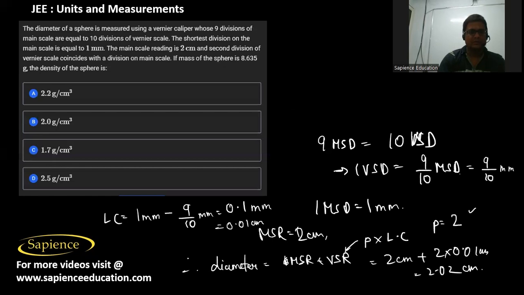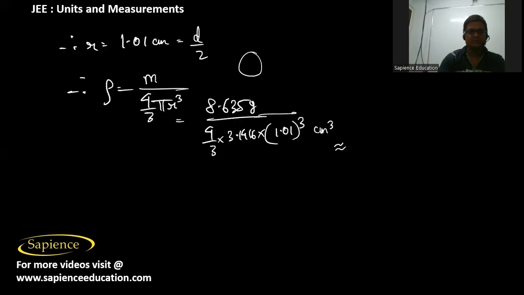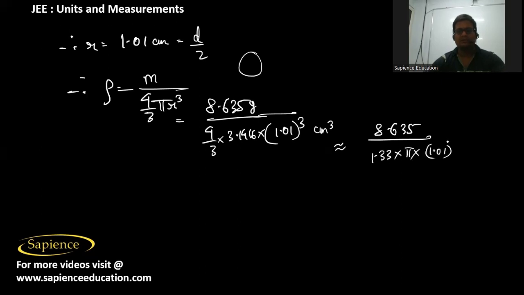2 point something. So it will be 8.635 by 4 by 3, meaning 1.33, into pi into 1.01 whole cube.